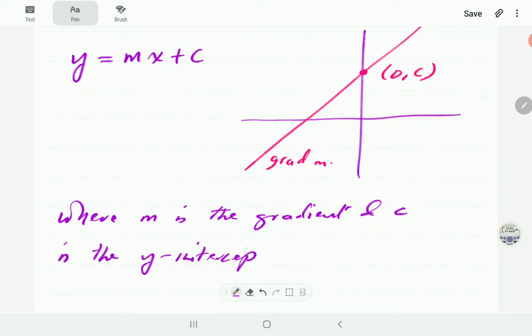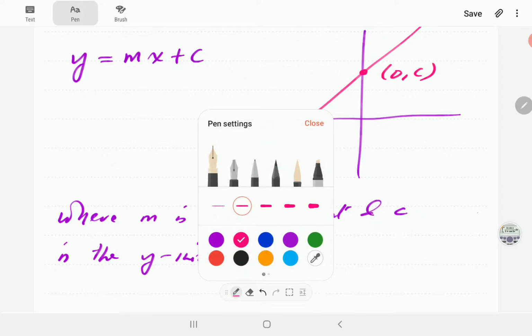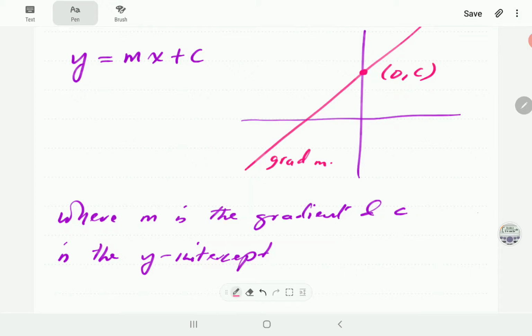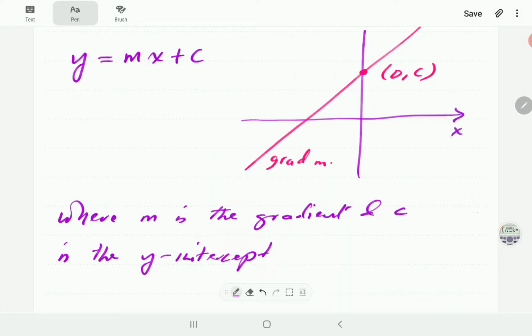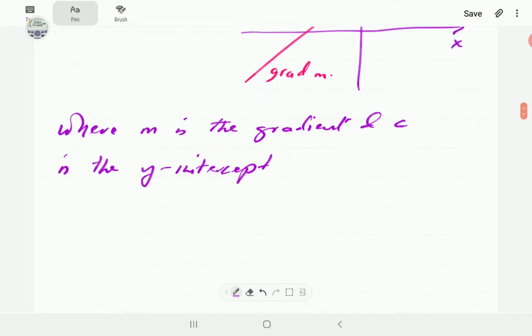So the y-intercept is the point where the straight line crosses the y-axis, which is why it's called the y-intercept. This is the x-axis and this is the y-axis. Okay, so this is the standard form of the equation of a straight line.